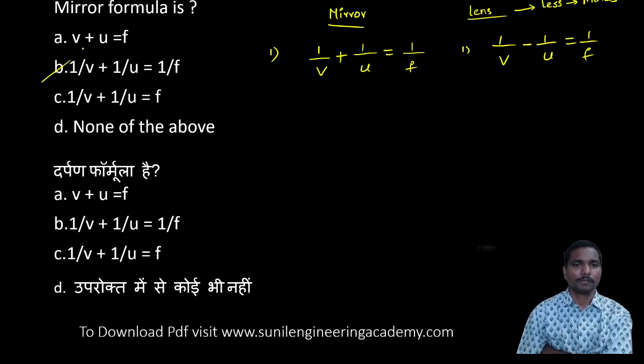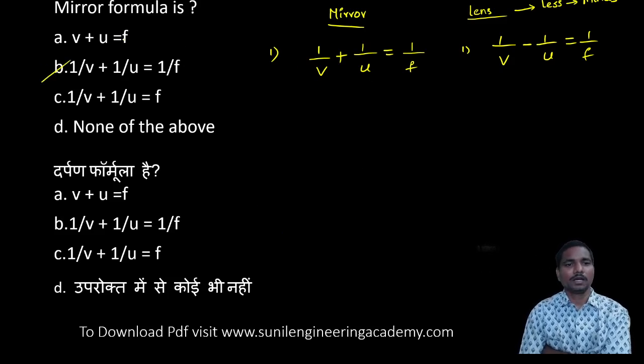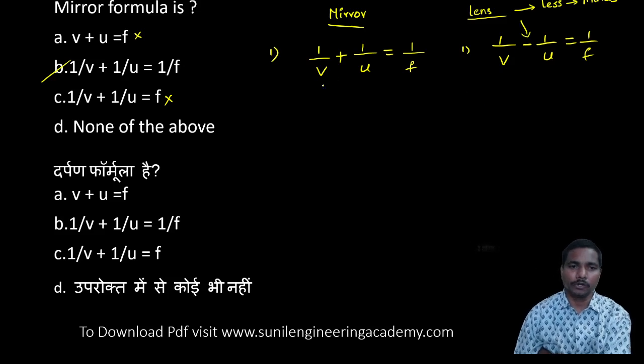Mirror formula, answer is option B. Here F is not a reciprocal, so easily eliminate. All clear? First point, all three terms are reciprocals. Lens less minus, so the lens has the minus and the mirror has the plus.